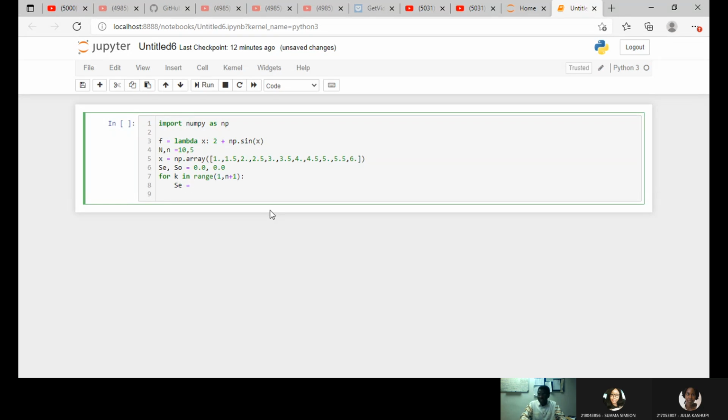Okay, now into SE, I will assign SE, which is initially 0, plus, okay, now what do we want? We want to evaluate the function f at what? At x, 2k.